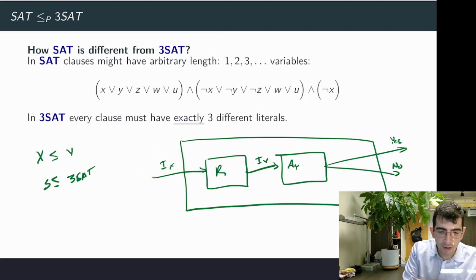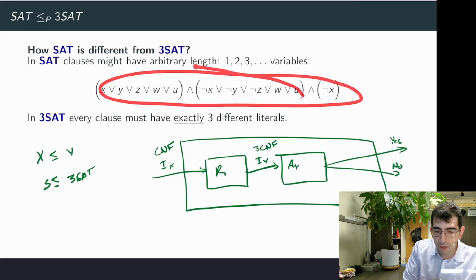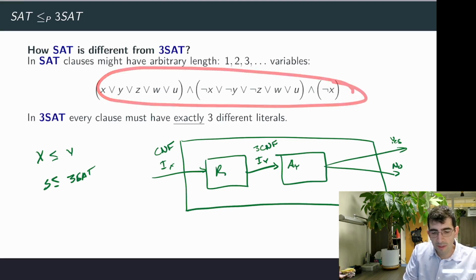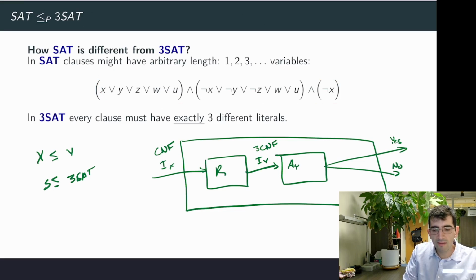So you have to start out with a CNF formula and get it to be a 3CNF formula. Basically you have to change the clauses here, break them up or add stuff on so that you maintain the satisfiability of the formula, but each clause only has 3 literals.